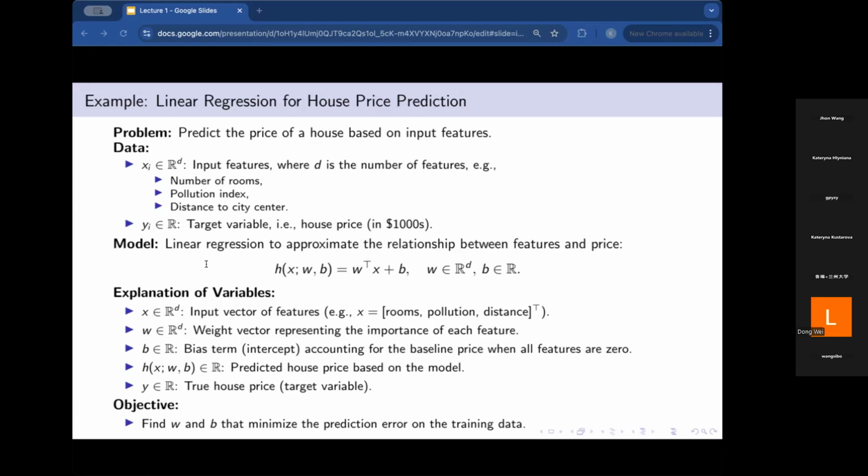And b is the bias term, which accounts for the baseline price when all features are zero. h of x, W, and b is the predicted house price using this model, and y represents the true house price. Our objective is to find the values of W and b that minimize the prediction error based on the training data.